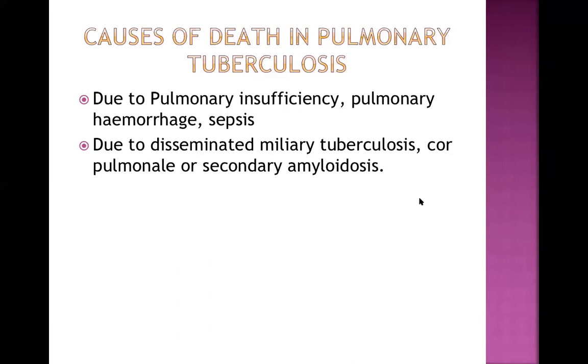Yes. There are first line and second line anti-tubercular drugs. In the first line, we have isoniazid, rifampicin, pyrazinamide, ethambutol, and streptomycin. These are the 5. Exactly. And others are second line. We are not talking pharmacology here, so let's not go into detail.